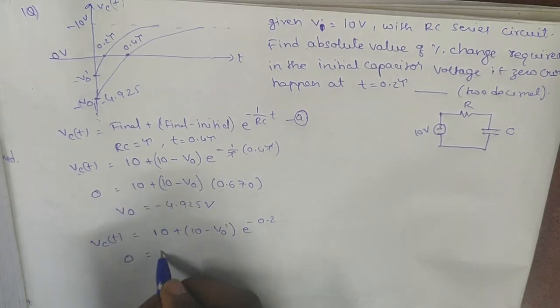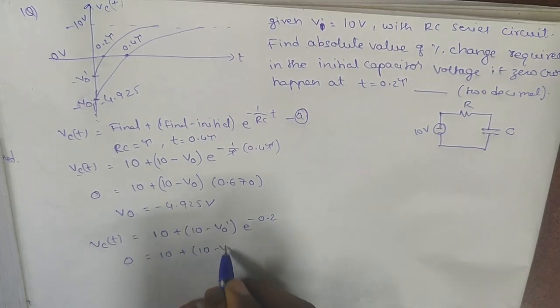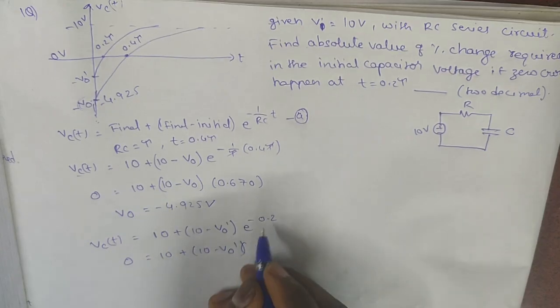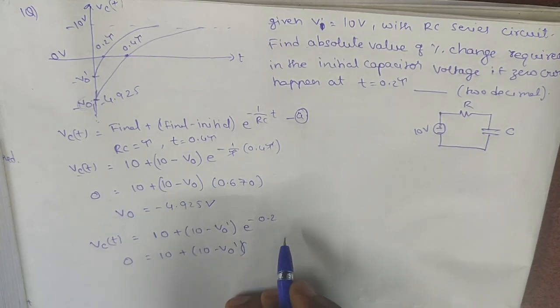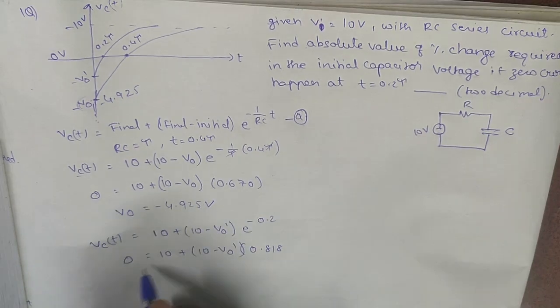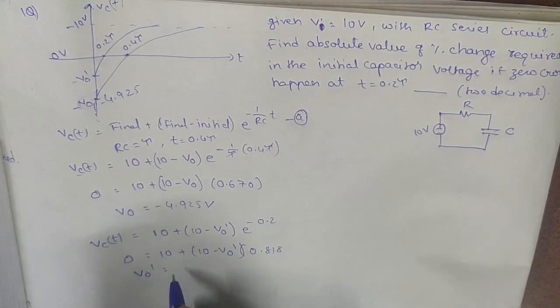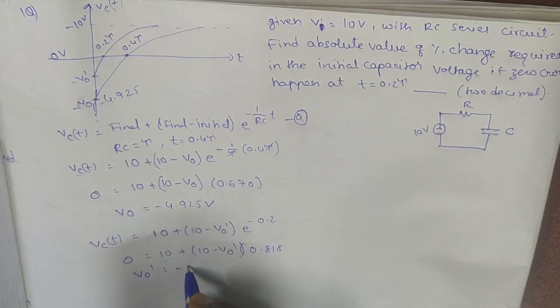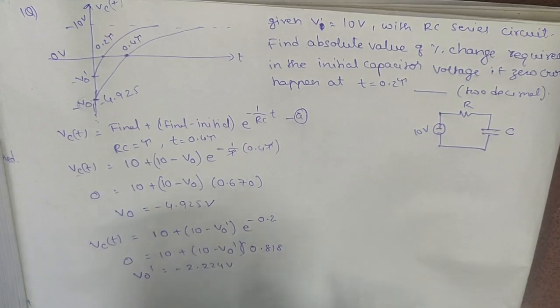So here 0 equals 10 plus (10 minus V0 dash) e power minus 0.2, the value will be 0.818. So from this, V0 dash will be minus 2.224 volts.